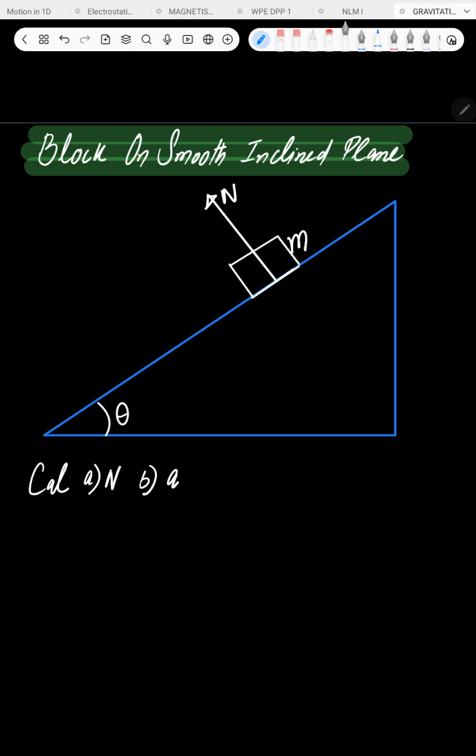This is the plane of contact, POC, and the normal reaction is perpendicular to it. Force number two on this block is the weight, which is always vertically downwards. Mg is the weight on the block. So there are two forces on the block.